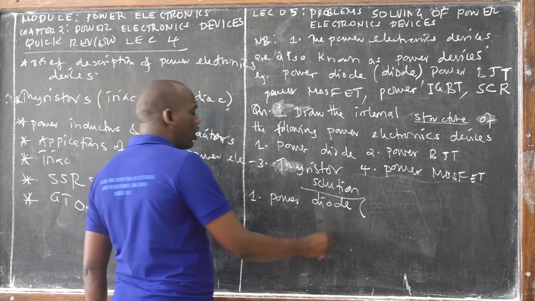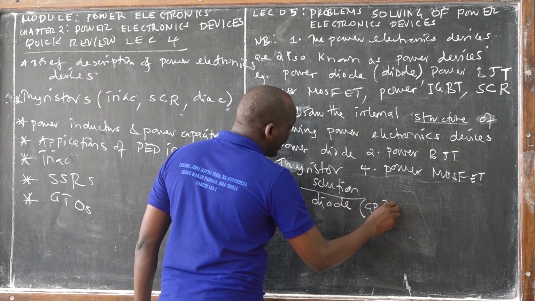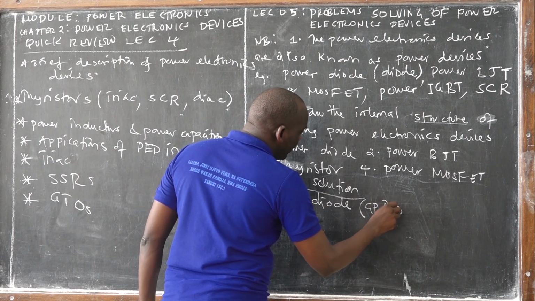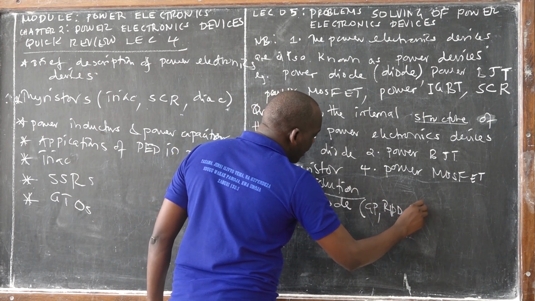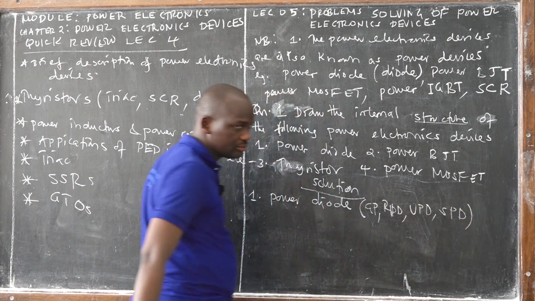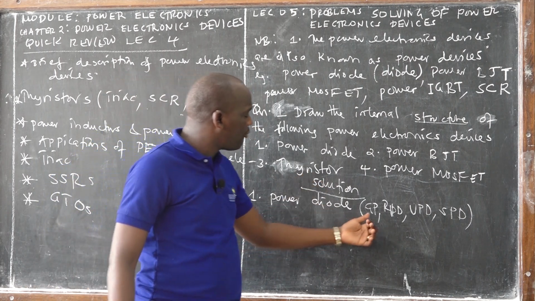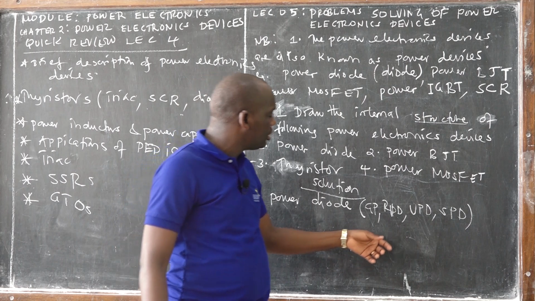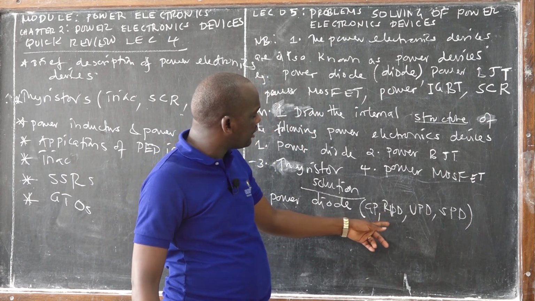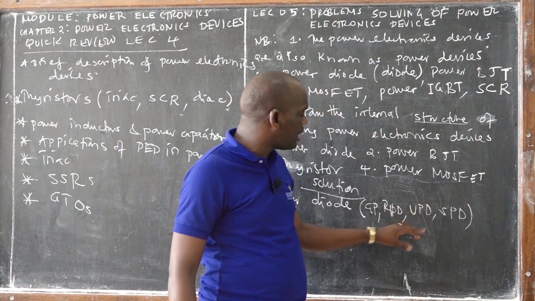We have the general purpose power diode, the rectifier power diode, the varactor power diode, and also the Schottky power diode. So regardless of whether you are drawing the internal structure of general purpose diodes, or rectifier power diodes, or what?